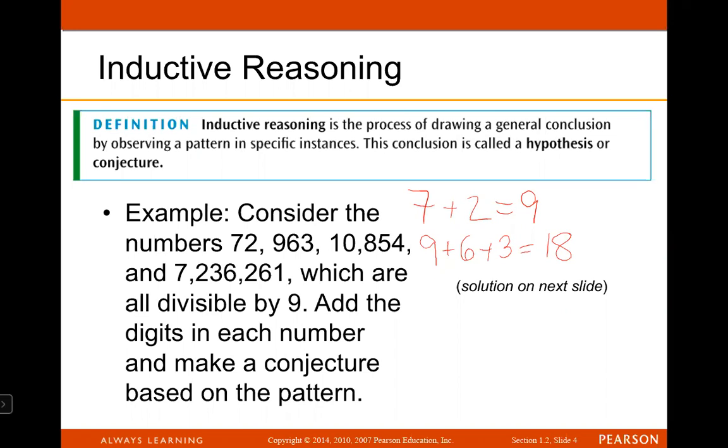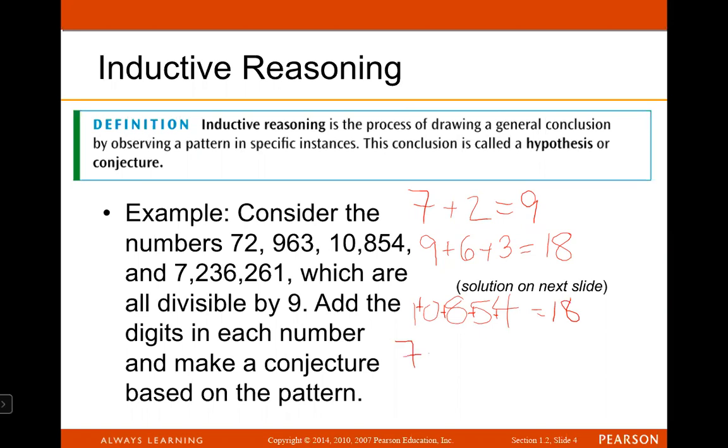The third number is 10854. If I write little plus signs between them and add them, then I again have 18. 18 is divisible by 9.